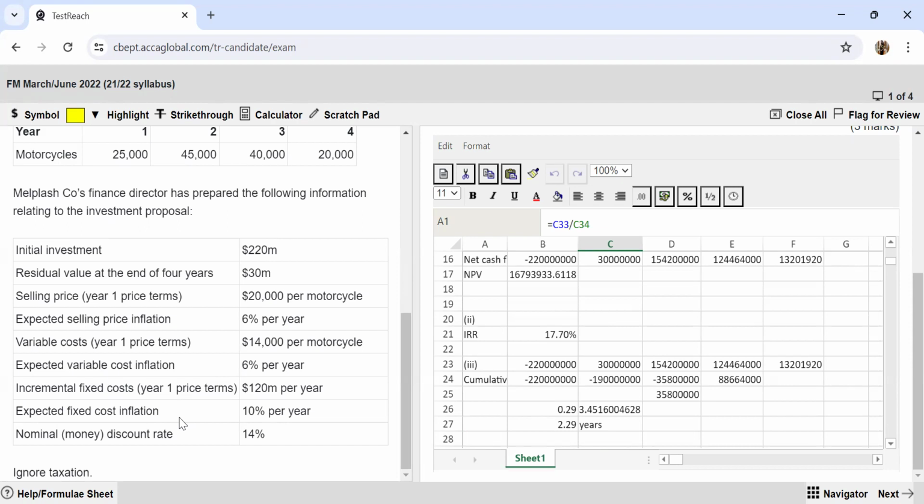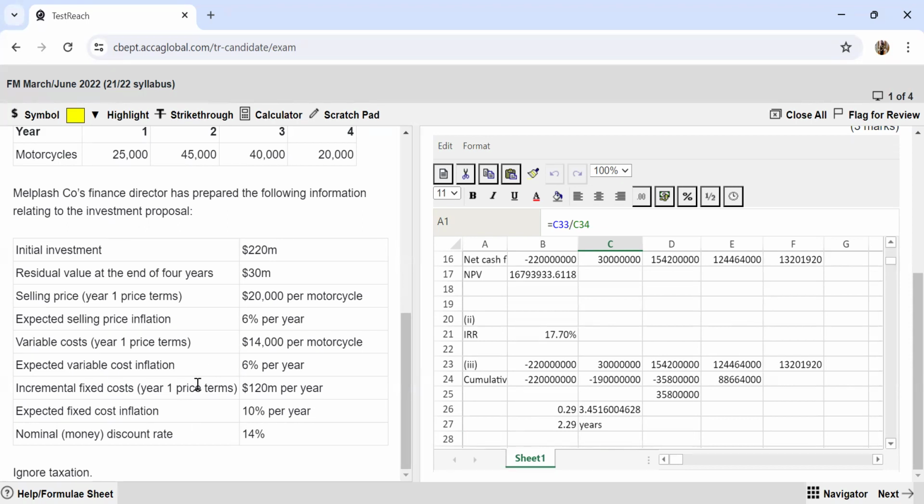So probably the directors are going to reject it on this basis. But they are ignoring the total return on the investment, and the payback method is also not considering the time value of money.